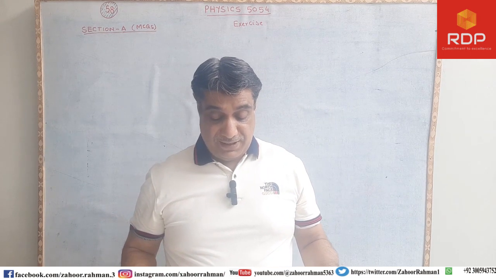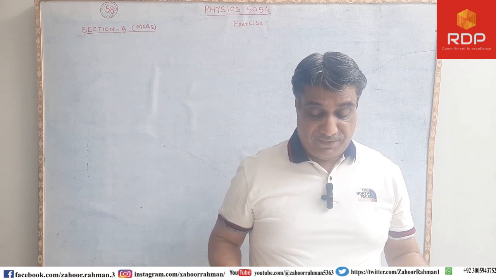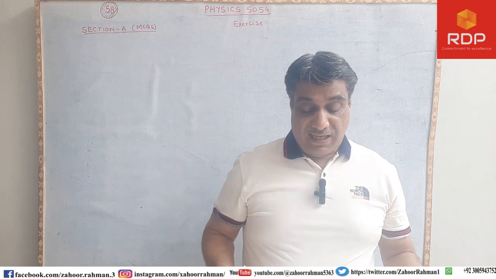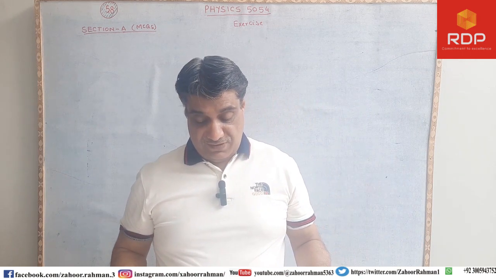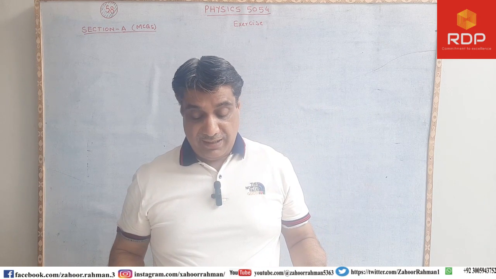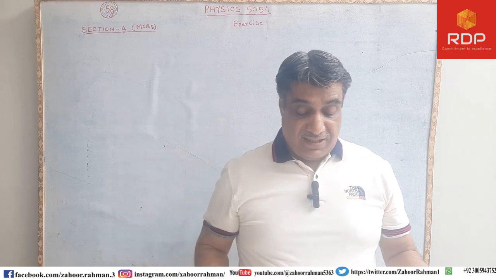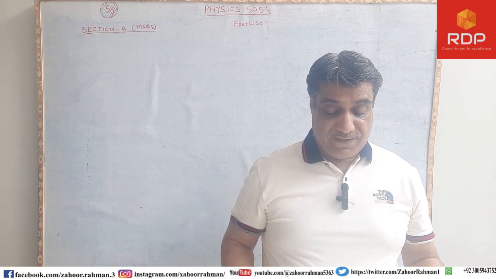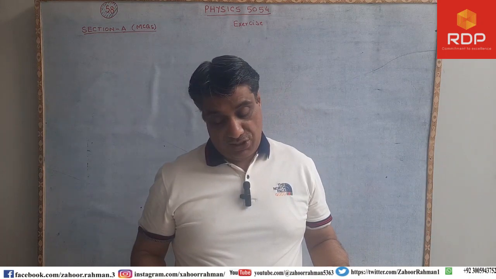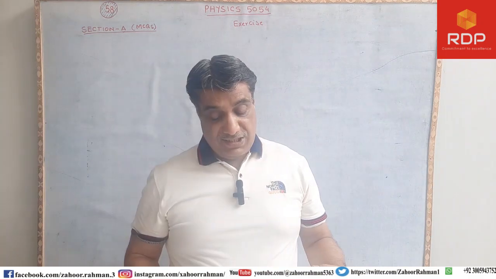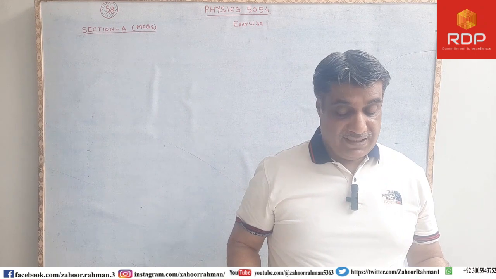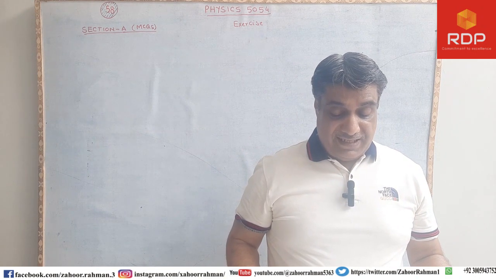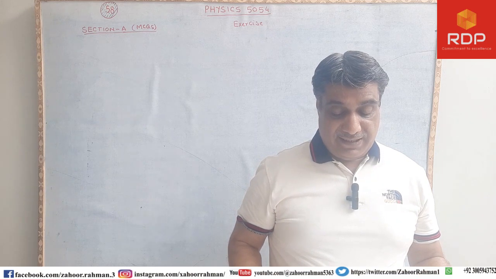The first option is the mass of the sphere increases. No. Mass always remains constant wherever you are. This is not the correct option. B, the volume of the sphere decreases. No, it is also not. C, the density of the sphere increases. No, it is also not. D, the internal energy of the sphere increases.